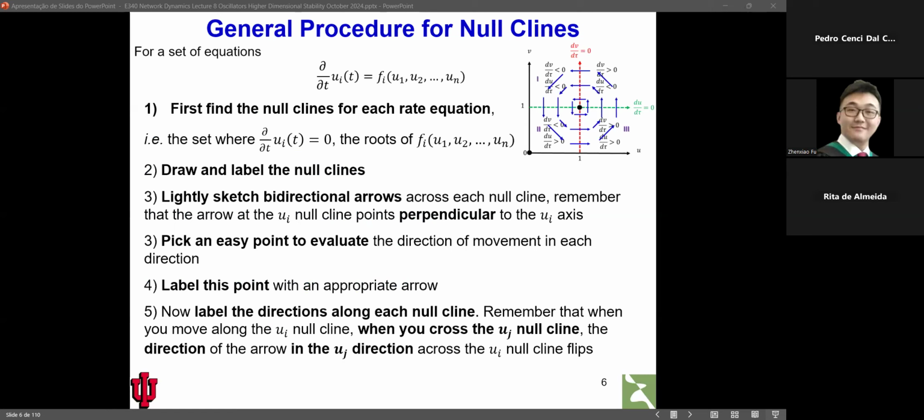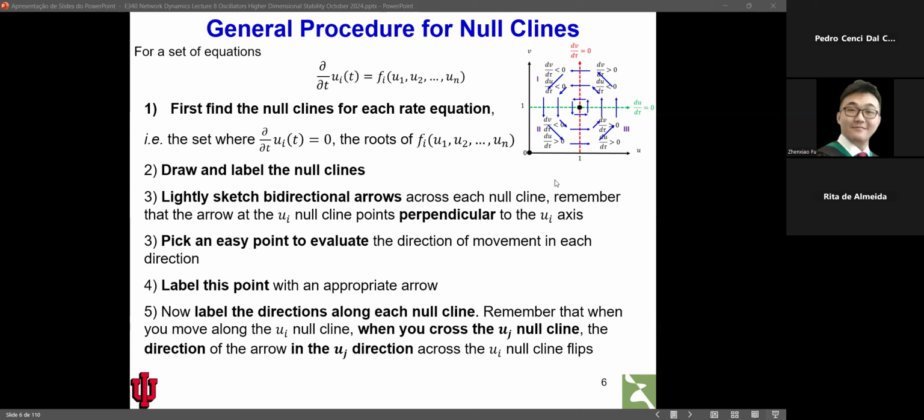Now, if you have 2 dimensions, what we learned last class was the general procedure for nullclines. To begin with, we are now going to 2 dimensions, so you have these 2-dimensional systems.